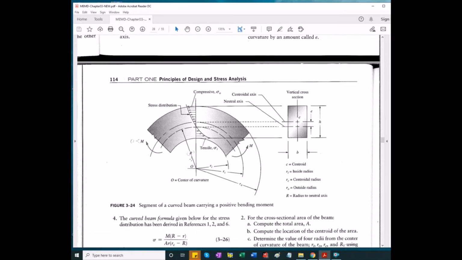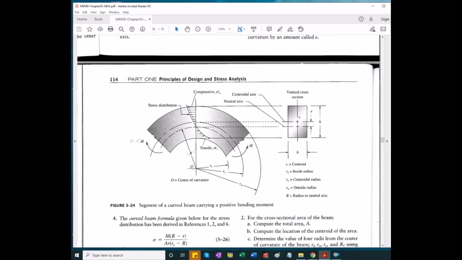On this figure there is a capital R that is not exactly drawn here, but this R is through the neutral axis of the curved beam, and it goes from inner radius to outer radius. This is a current radius, or that could be a current radius, but RC is through the centroid.